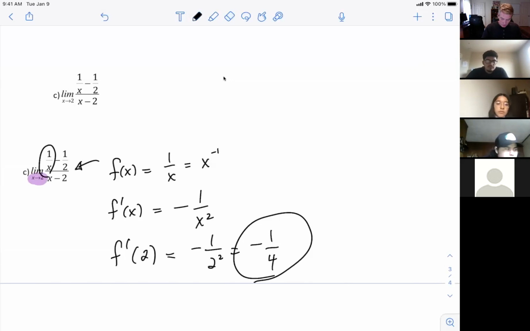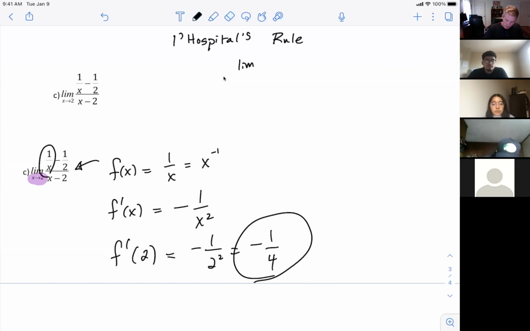Okay, so now something that we haven't covered before. And it's called L'Hopital's rule. And L'Hopital's rule goes like this.